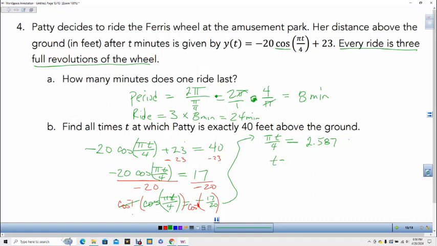So that means that t equals 2.587 times 4 divided by pi, which is going to give me 3.294.